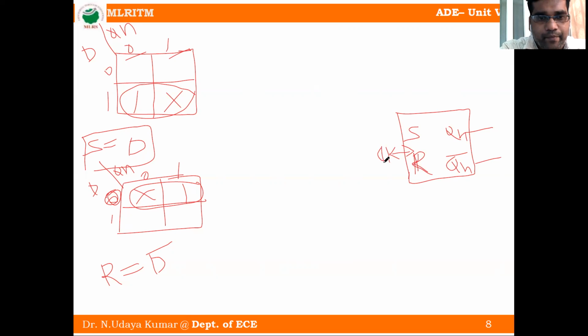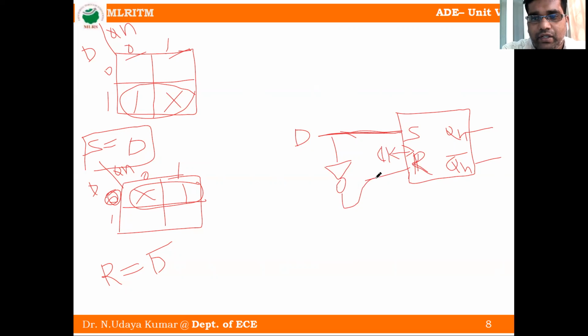This is the S terminal, this is the R terminal. S is equal to D, so this is the D. S is equal to D. Then one NOT gate, because we are giving D bar.